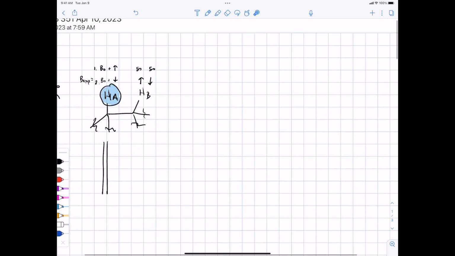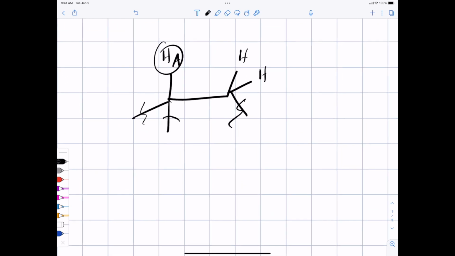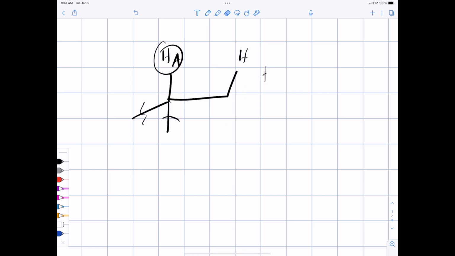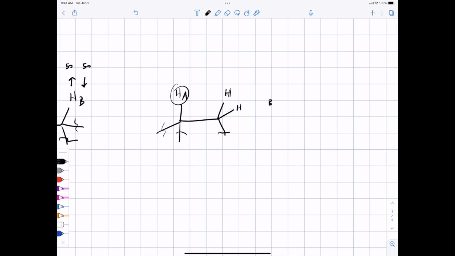Now suppose we had our proton A and it was adjacent to 2 other protons. So here's A that we're interested in, and this time let's say there are 2 protons B. We'll call them whatever, protons B. Let's think of the possible situations in which proton A may find itself.